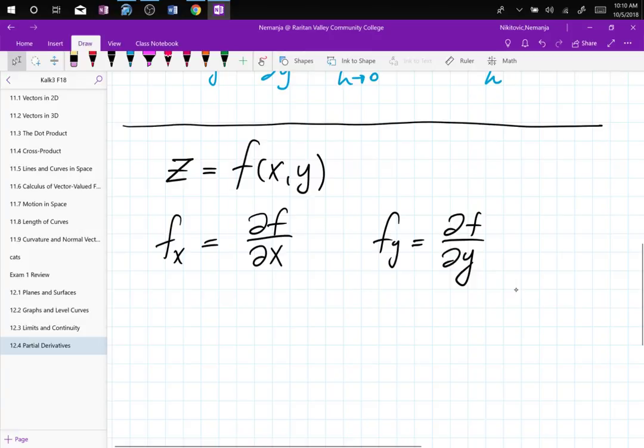And that line has a point at which you are computing your partial derivative, and that's the tangent line. So you can measure the slope of that line by computing the partial derivative.